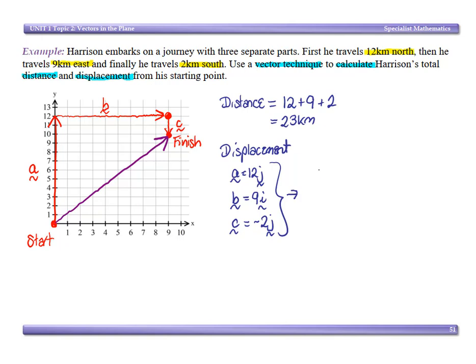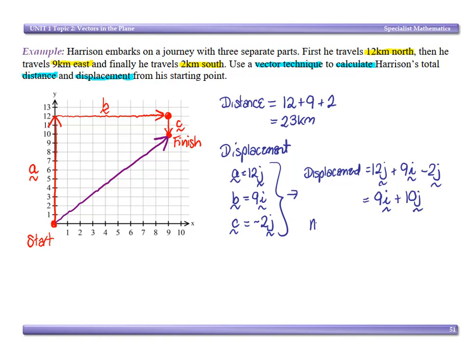So that means my displacement is going to be 12j plus 9i take 2j, which is 9i plus 10j.